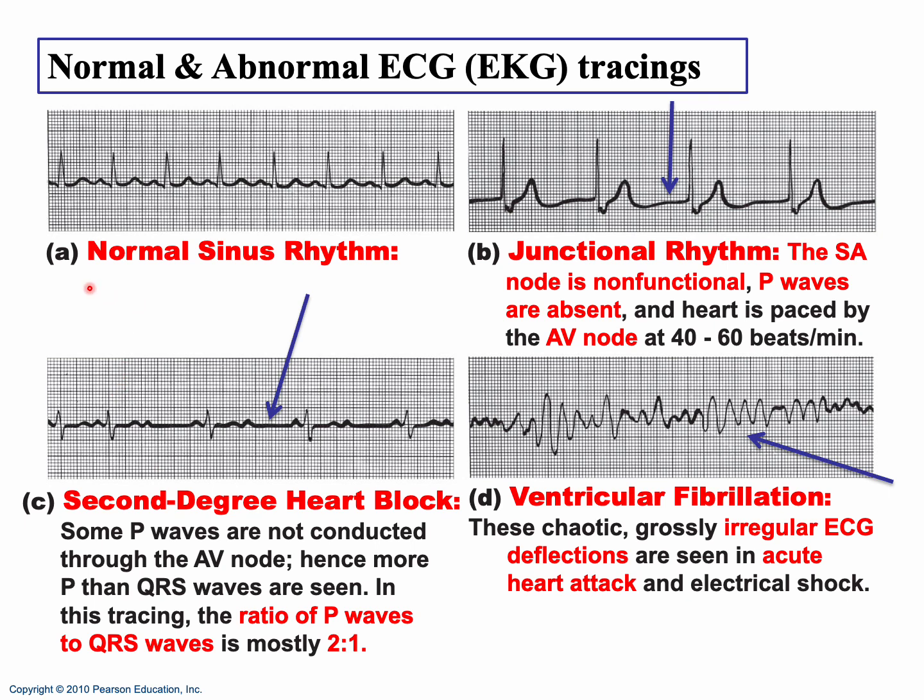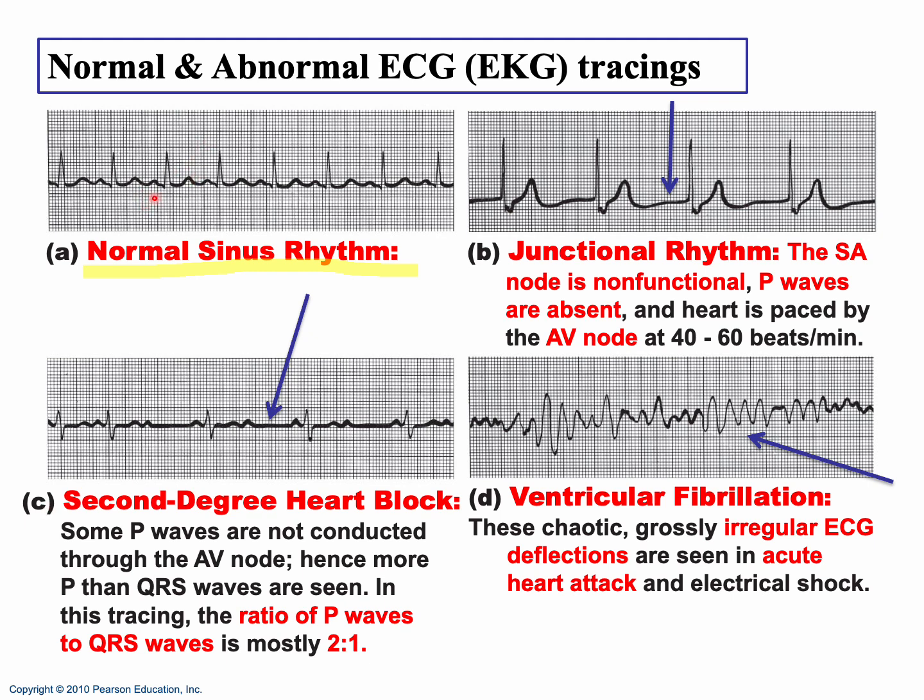All right, so we've so far today discussed what the normal electrocardiogram would look like, which would be right here, letter A. This represents the normal sinus rhythm. So everything's normal in this electrocardiogram recording.